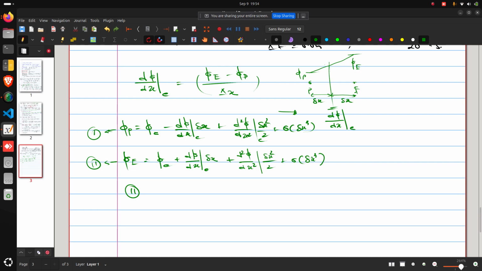Yes, because we are interested in this derivative, right? Wherever we want the derivative, we will do the Taylor series expansion about that point. Because here you see the delta x is in the negative direction.